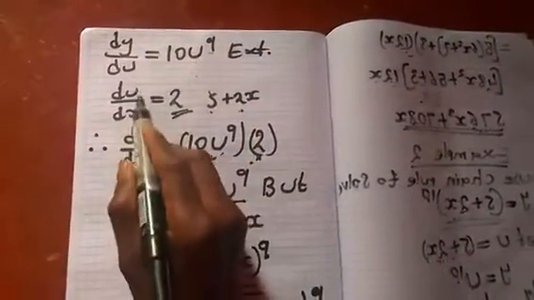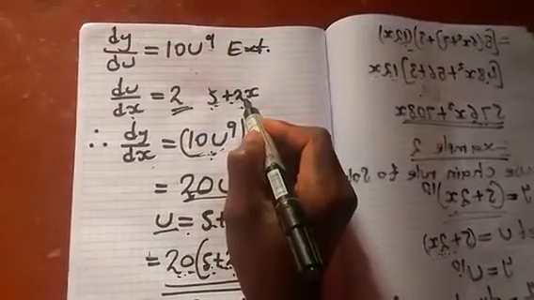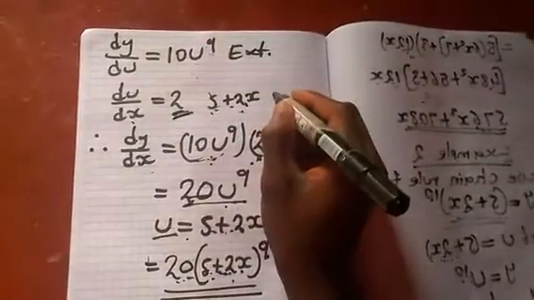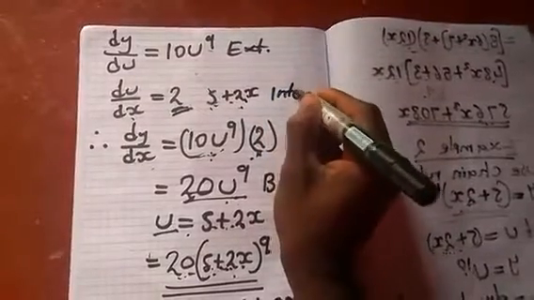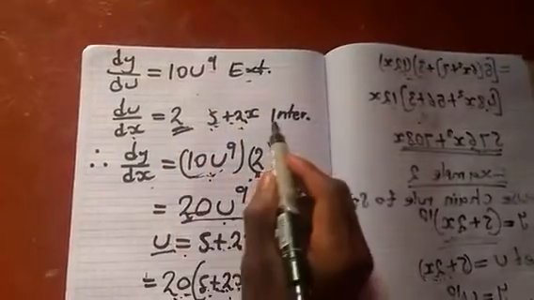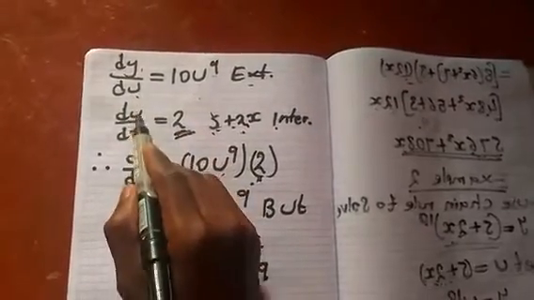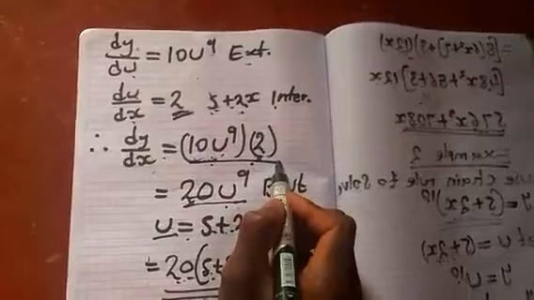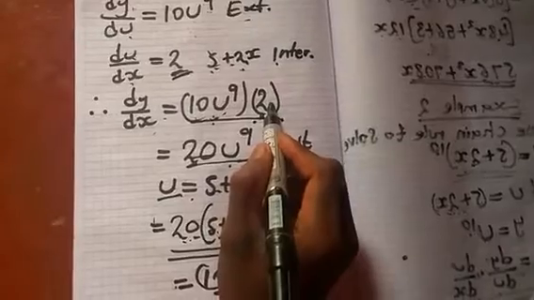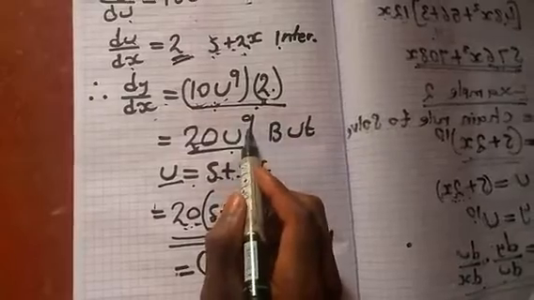And du over dx, where u was 5 plus 2x, when we find the derivative of it we get 2, and this was the internal function. So we get the external function multiplied by the internal function, which is 10u raised to power 9 multiplied by 2. Then we get 20u power 9.